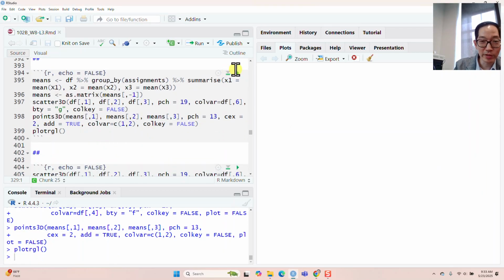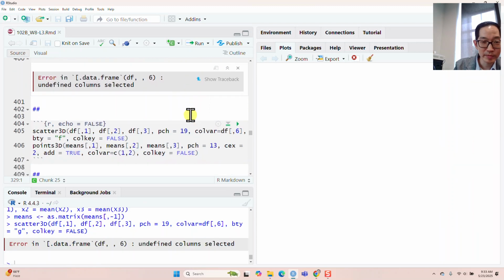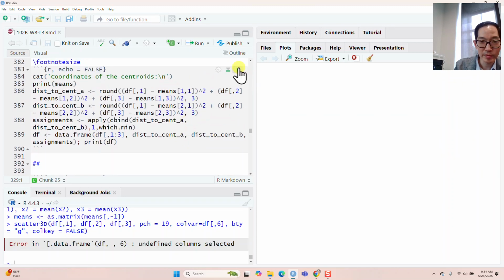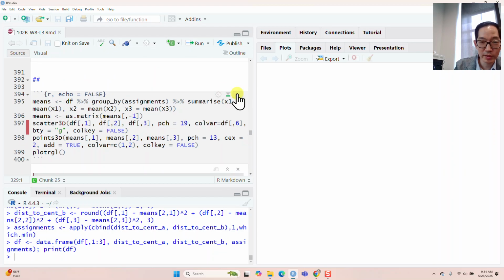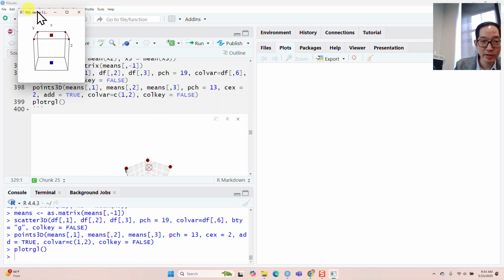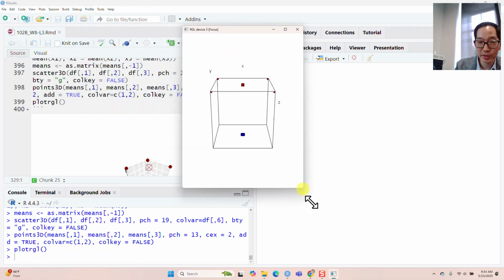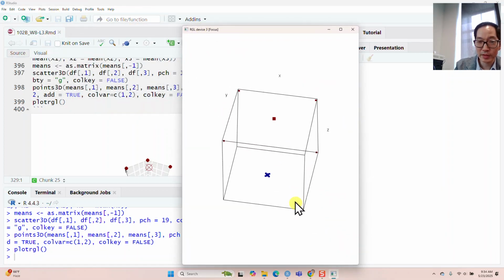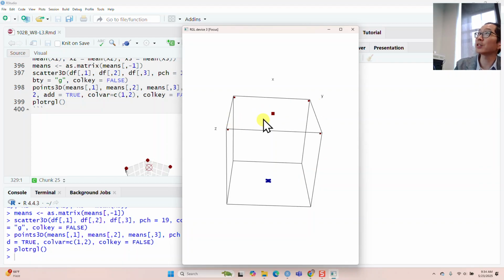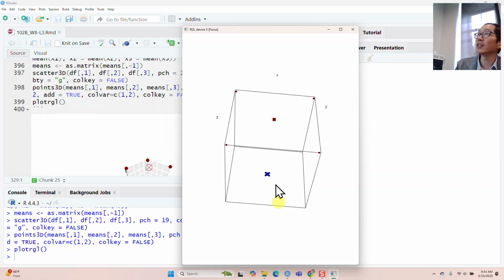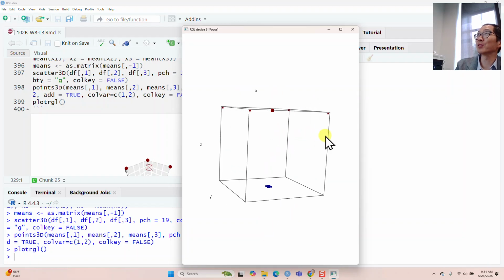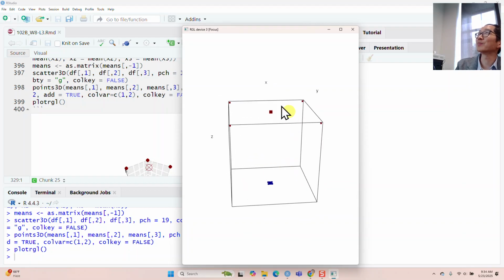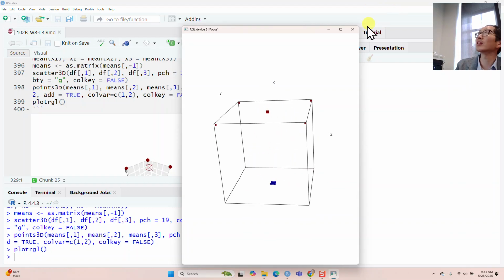After doing that, okay, this is the end result. So these ones up here all get assigned to red, and the 4 points down there all get assigned to blue, and so this is the resulting cluster assignments at the end, right?